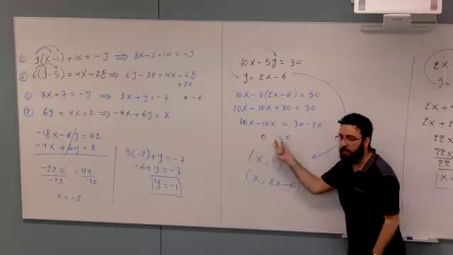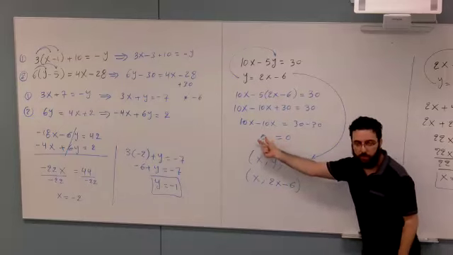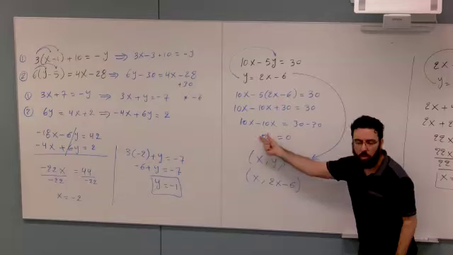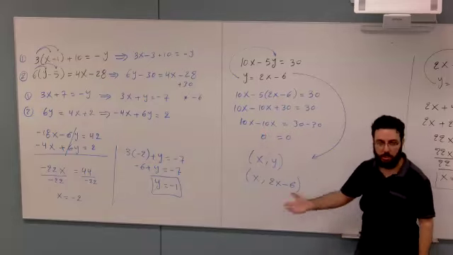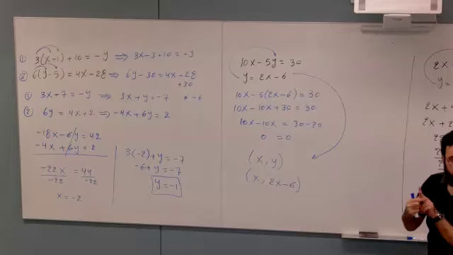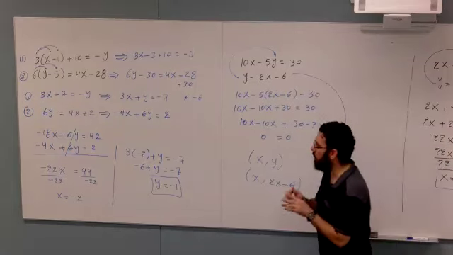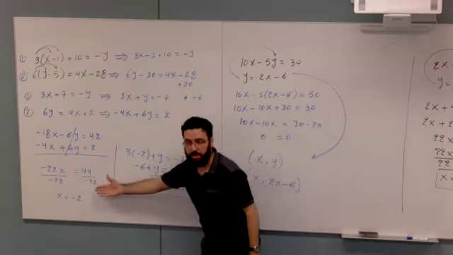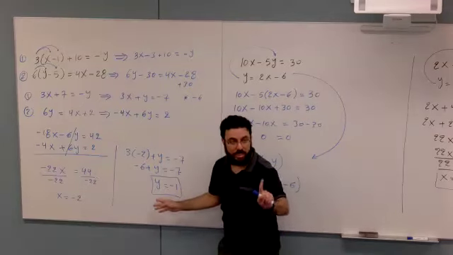If you have two different sides, that means 5 equals a negative number, or 0 equals 5, that means there is no solution. So we have two types: infinite number of solutions, no solution. How many solutions do we have here? One solution.